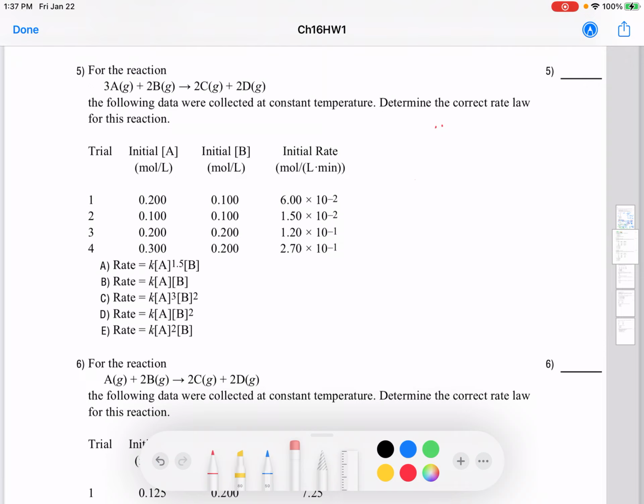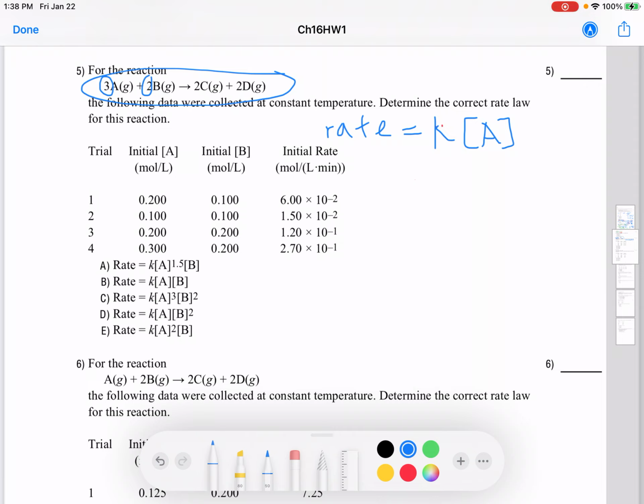So here we are trying to figure out what the orders are with respect to A and B. And our reaction is this. Right? So when you write the rate law, how would you write it? For a general reaction, rate equals k, where k is the rate constant, times one of the reactants A, and the coefficients 3 and B are not the rate orders, they are just the molar ratios.